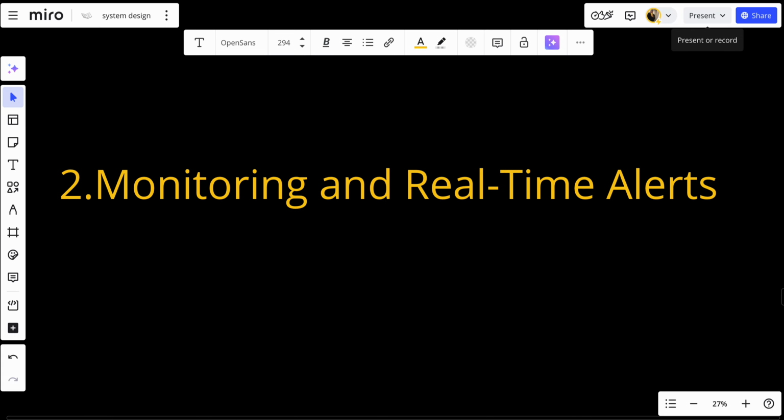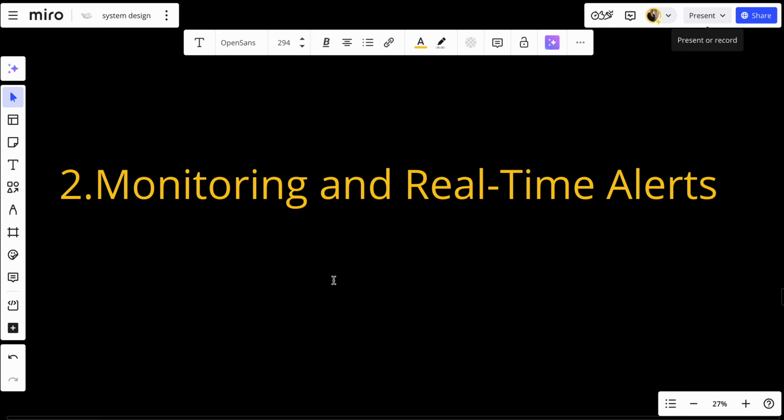So, to ensure reliability, you need to constantly monitor your system and set up real-time alerts to catch issues early. Tools like Datadog and Grafana can monitor system performance, resource usage, and user activity.